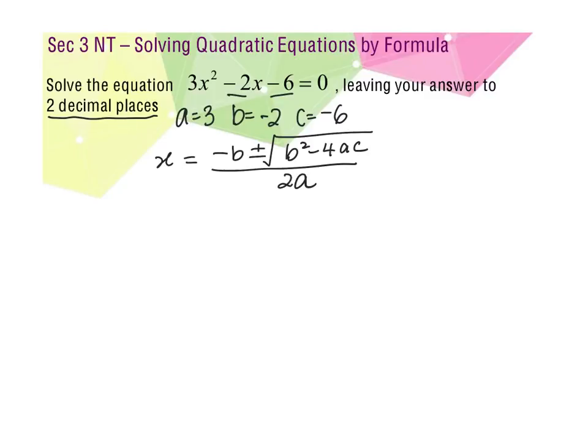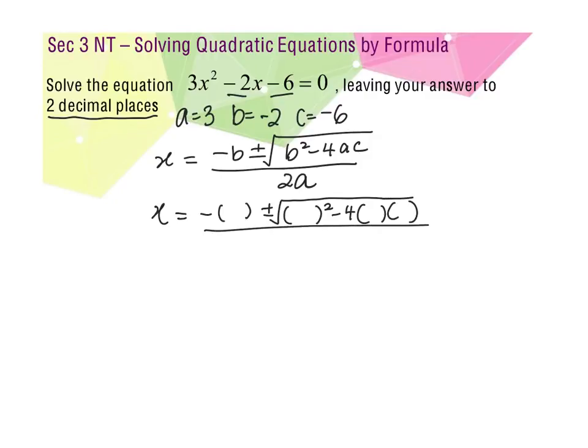What are we supposed to do? We are supposed to replace our values for a, b, and c into the formula. So now what is the value for b? b is negative 2, so this will be negative 2, negative 2.